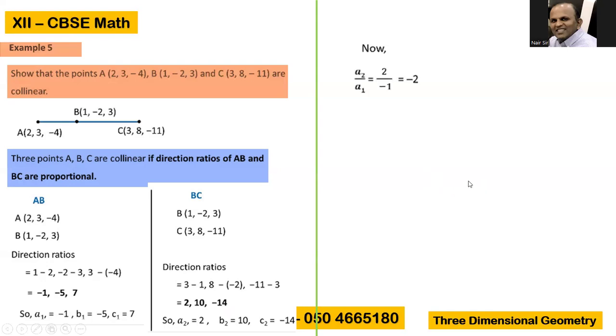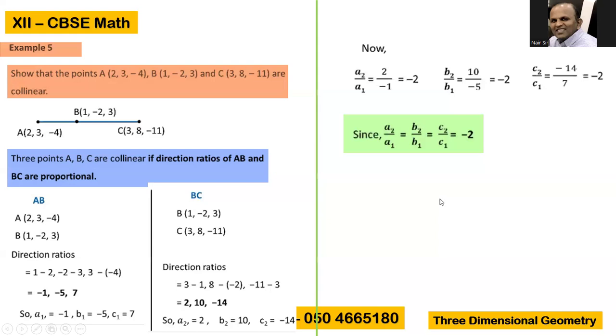What do I do? a2 upon a1 is -2. b2 upon b1 is 10 upon -5, that's -2. And c2 upon c1, -14 upon 7, that is -2. Hence, since a2 upon a1 is equal to b2 upon b1 is equal to c2 upon c1, and that is equal to -2, therefore, A, B, C are collinear.